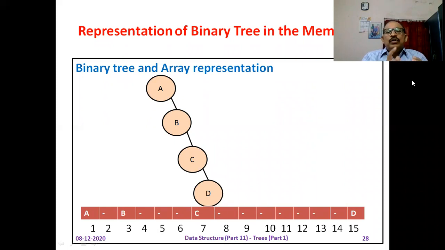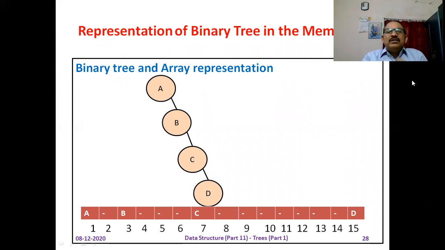Okay. Here you can observe that to store 4 nodes, we require 15 memory locations. Means, most of the memory locations you can see are the null value.